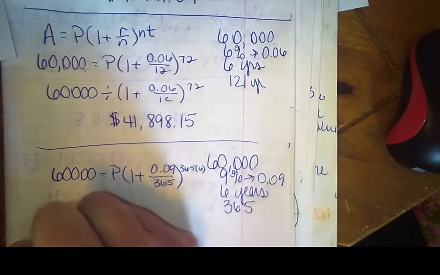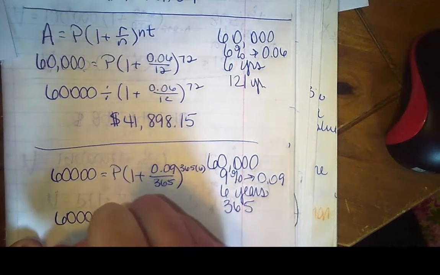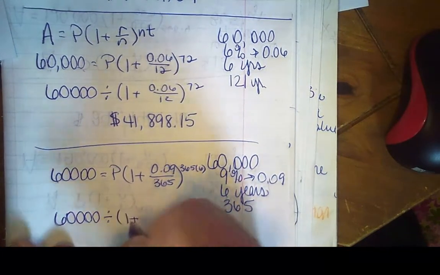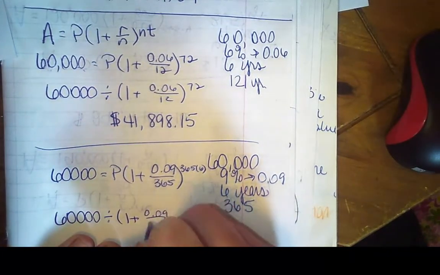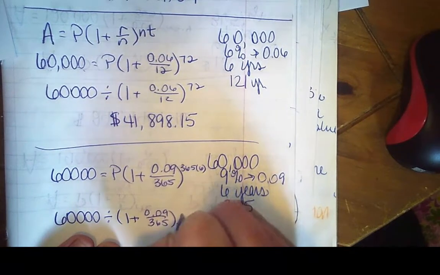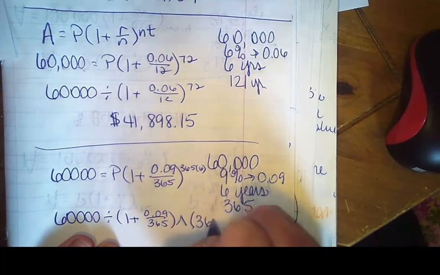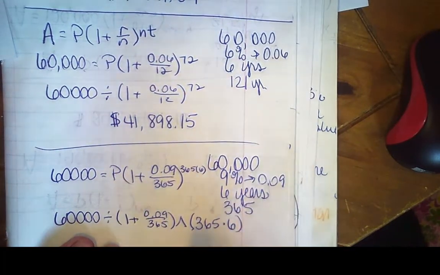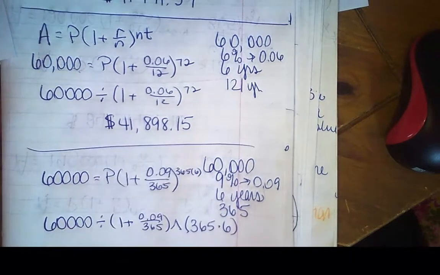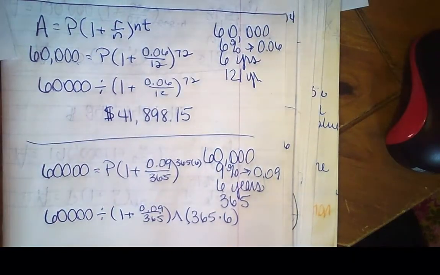So in my calculator, I will type 60,000 divided by 1 plus 0.09 over 365, and then I'll say raised to the 365 times 6 in parentheses. Okay, can you see that? All right, so 60,000 divided by 1 plus 0.09 divided by 365 raised to the parentheses 365 times 6.